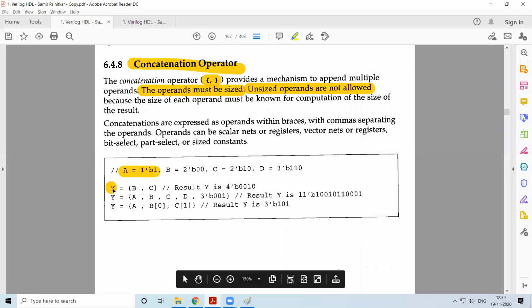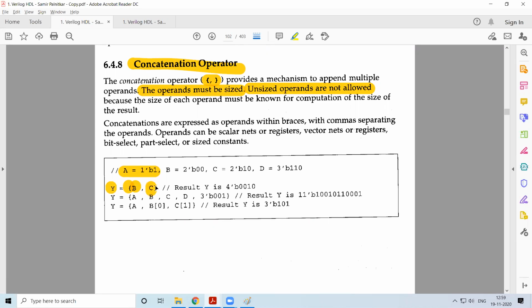So here we have Y: open brace, operand B, comma C, and a close brace. So what is this specifying? You are concatenating B and C. So the result will be first the B bits, that is 0 0, and next the C bits.